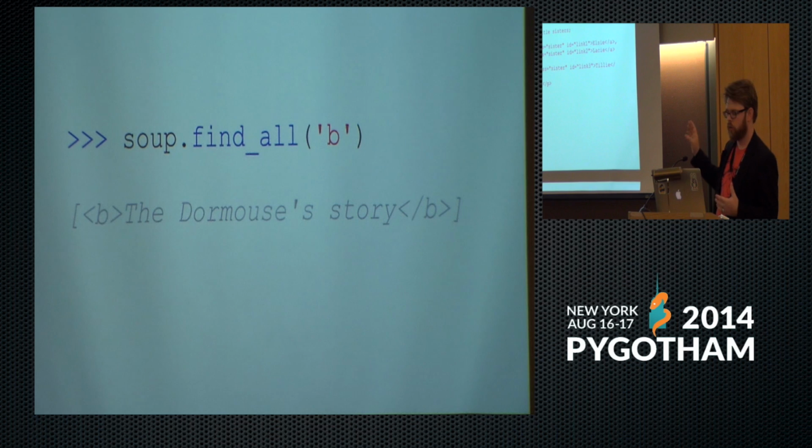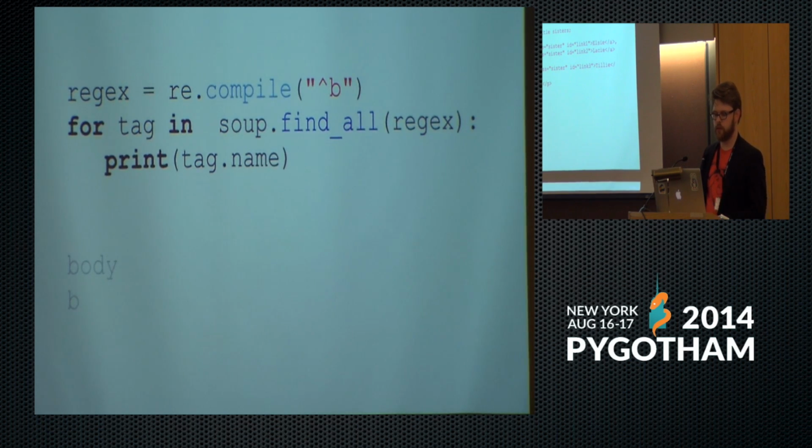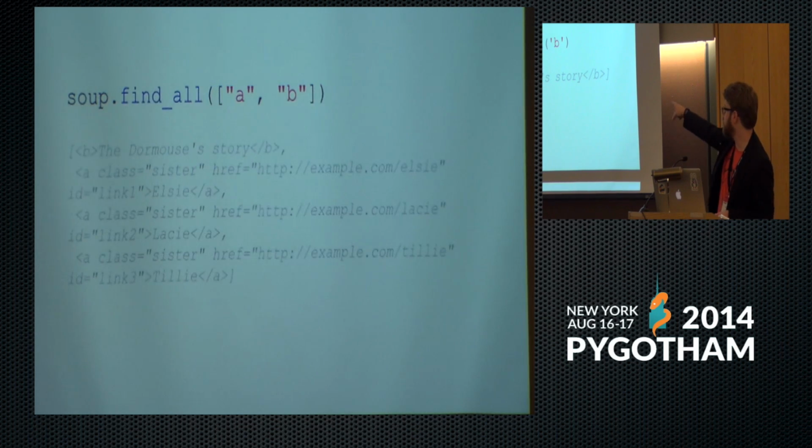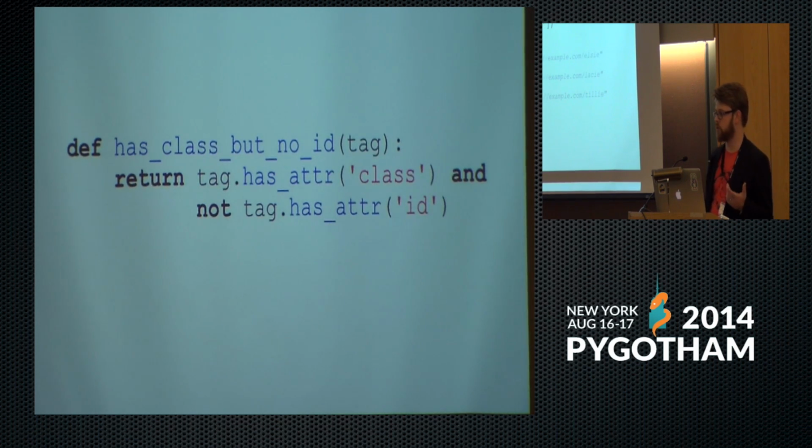And each one of these search functions is going to take some sort of a filter. So I might take B to look for all the bold tags. I can use regular expressions, lists if I want to be able to find multiple things. Lists don't really make sense if you're looking for one thing, but they're part of the find all group of functions.